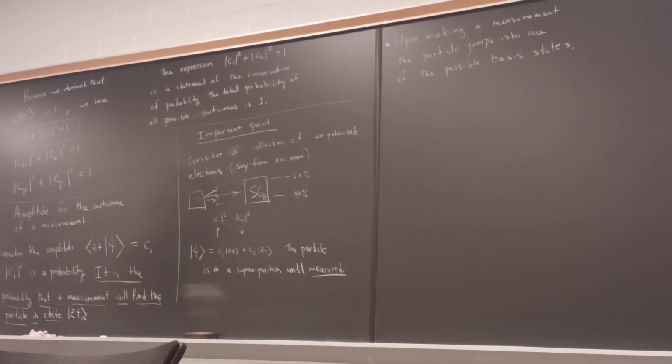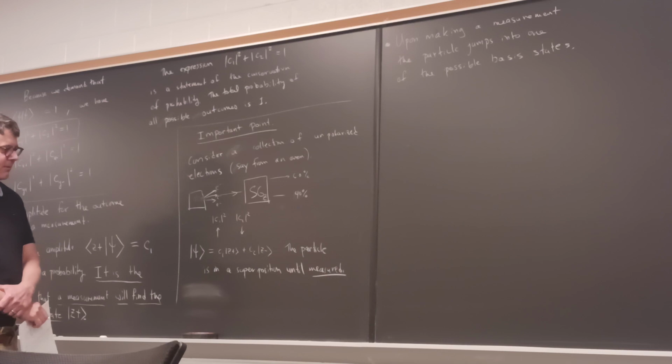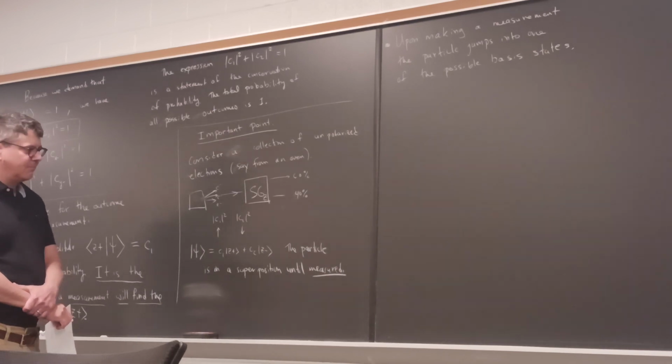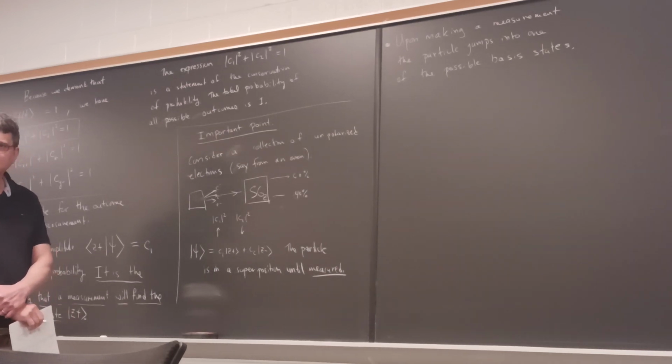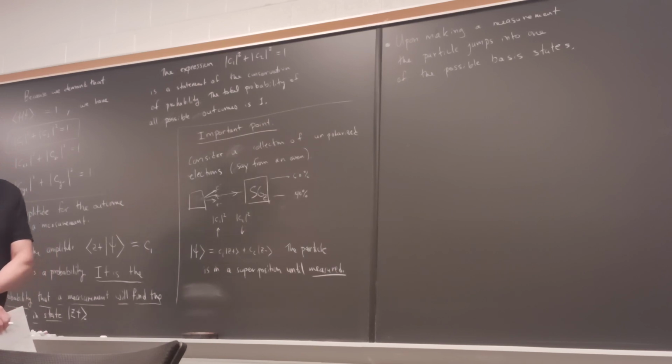How would we be able to tell the difference between a particle with a hidden value that we don't know until we measure it, and a particle that is in a superposition? What you were describing in the beginning is like these particles have a hidden value that we don't know until you measure it. But what you're saying is that it's either of those values at the same time.